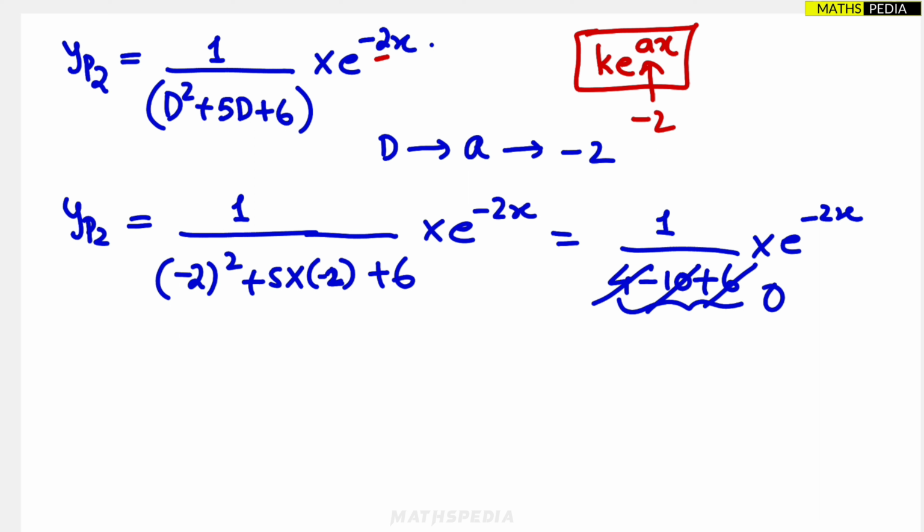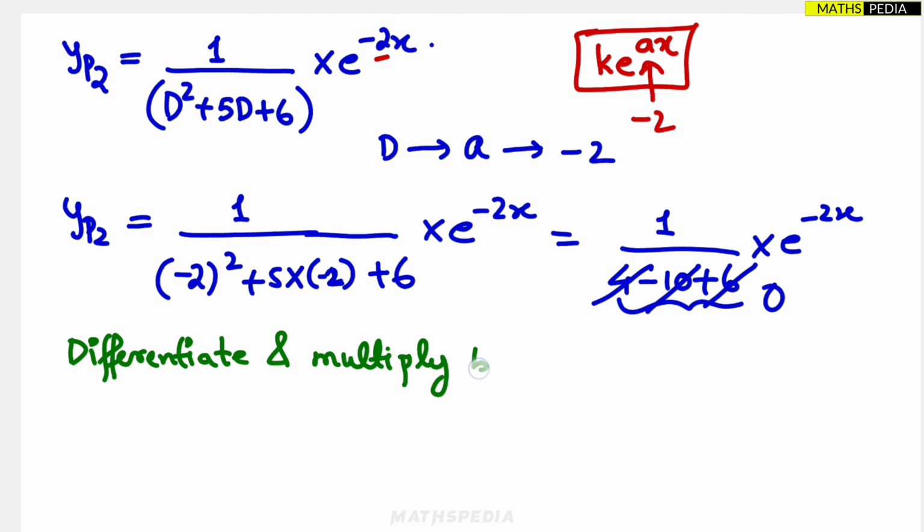So if we are getting the answer as 0, what are you going to do? We cannot write the answer as 0 and come. So we have to avoid this. We have to save this equation by what? Next step, it is nothing but to differentiate and multiply by x.